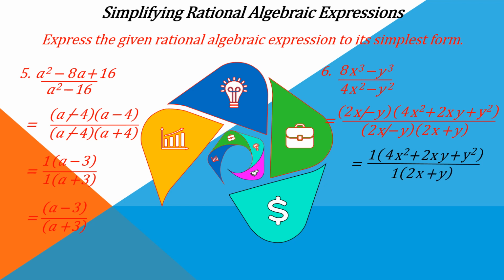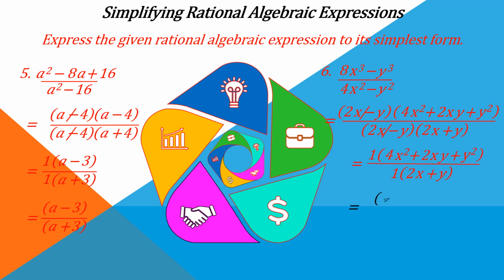Remove 1 divided by 1. We have now the final answer of 4x squared plus 2xy plus y squared divided by 2x plus y. And that's our final answer.